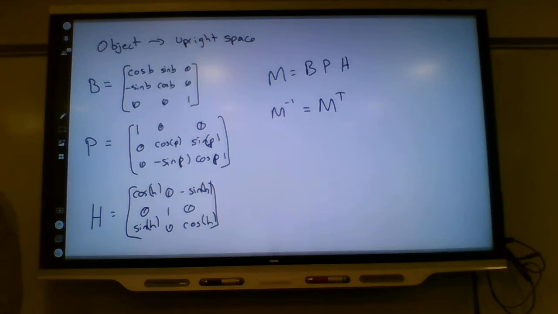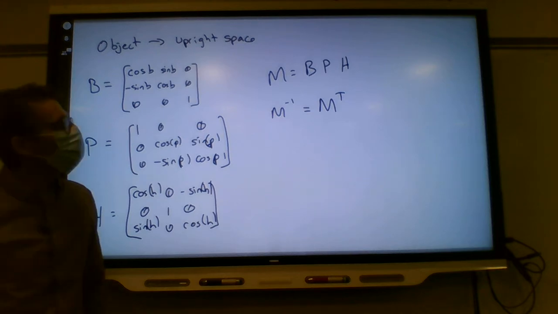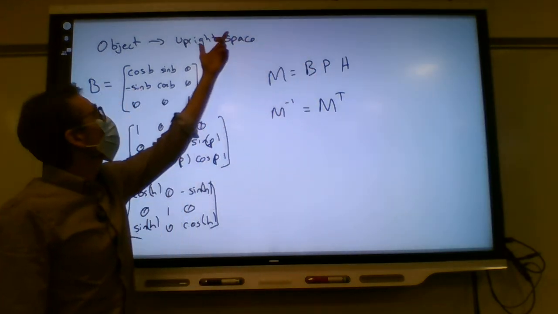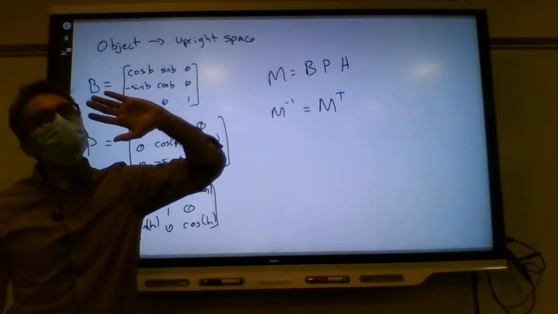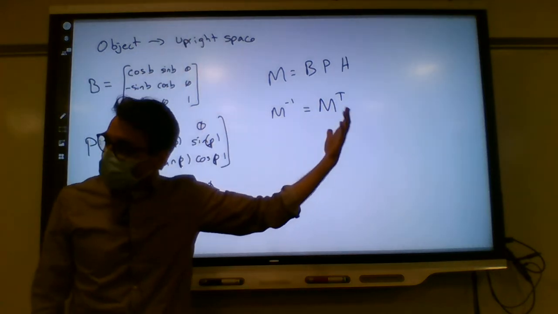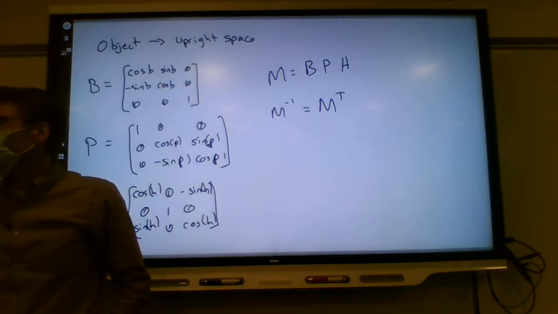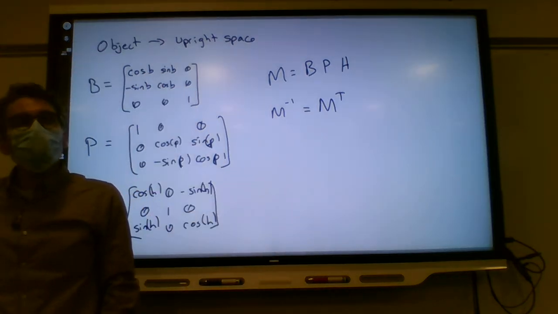What does that mean? You swap the rows and the columns, right? So the first row becomes the first column, second row becomes the second column, third row becomes the third column, and we have the inverse right away. So we would calculate this. This would tell us how to go from object space to upright space. The transpose would tell us how to go from upright space to object space. And that's with rotations involved.